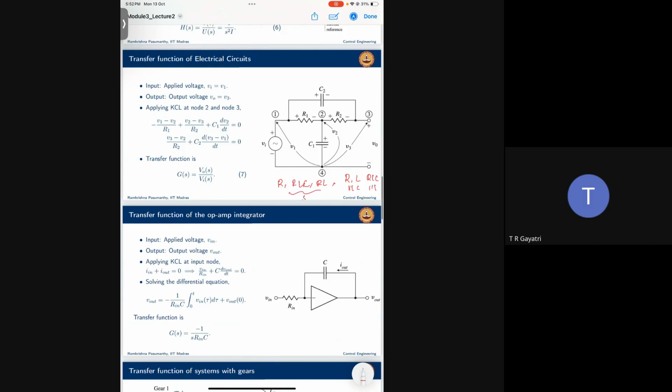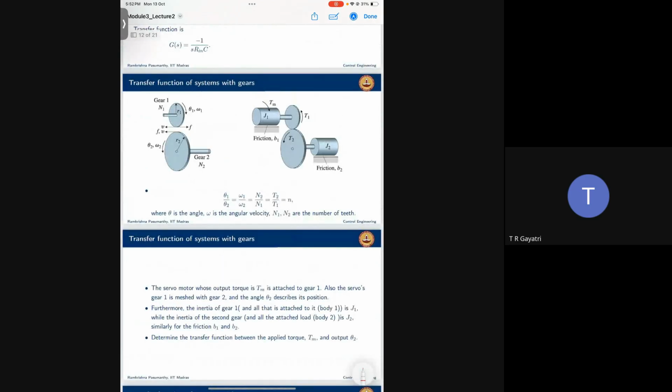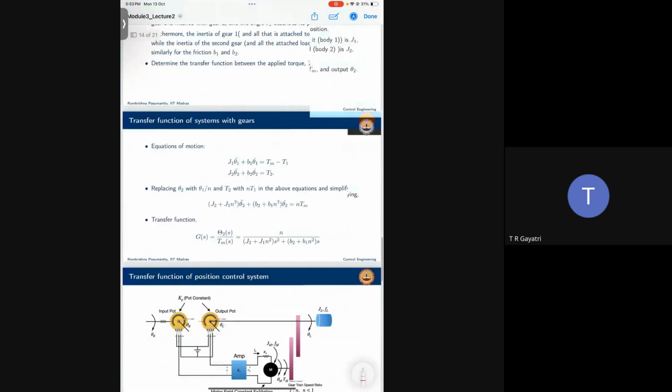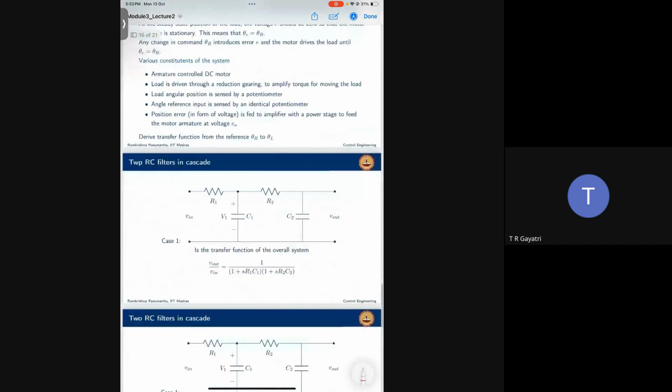These are series and parallel circuits you can try. And gears, systems with gears. We have another term called gear ratio N1, N2. This is an added term that we don't know so far in a rotational system. So try examples with that. We will also solve some examples during the problem solving session. Don't worry about it.